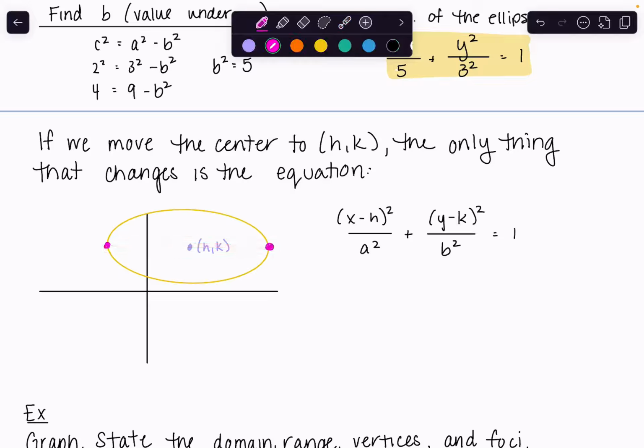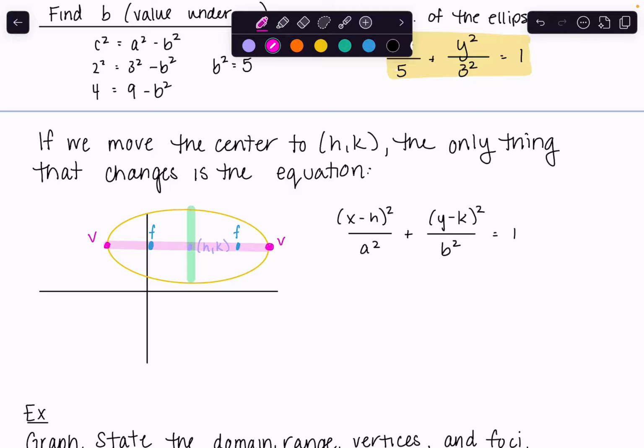To find your foci, same thing. You add or subtract that distance from the center. So your foci would be somewhere along here. So I really do not want to write an equation for each of these values, because all you're going to do is move that distance from the center point.